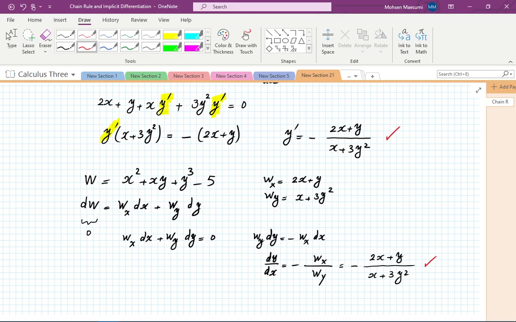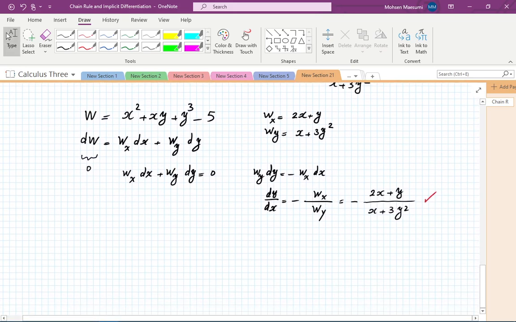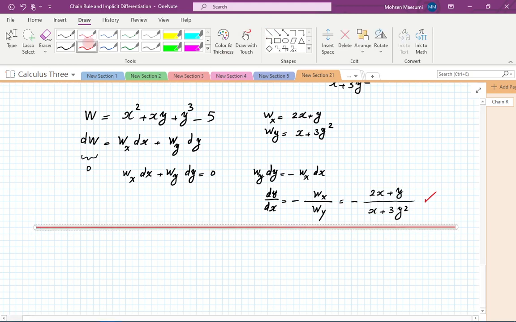It doesn't have to be just an x and a y. So let's go ahead for our final example. Let's throw in one more variable in the mix.